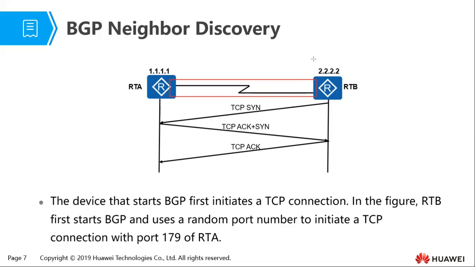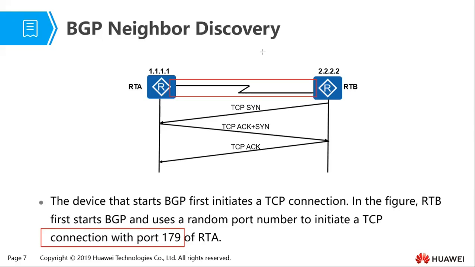Now, in particular, BGP routers listen for TCP requests on TCP well-known port 179.